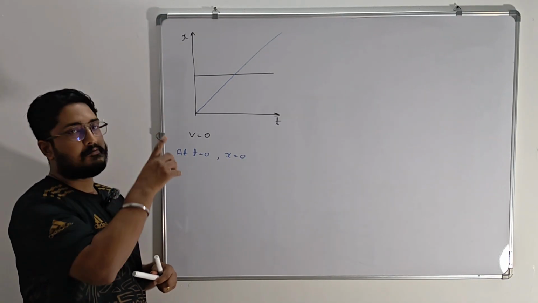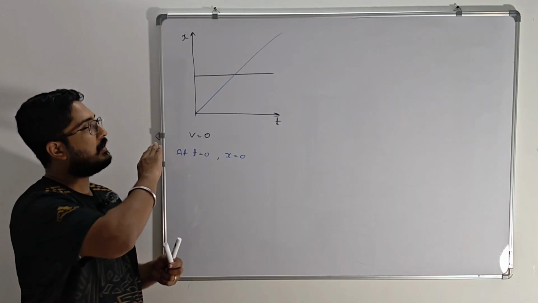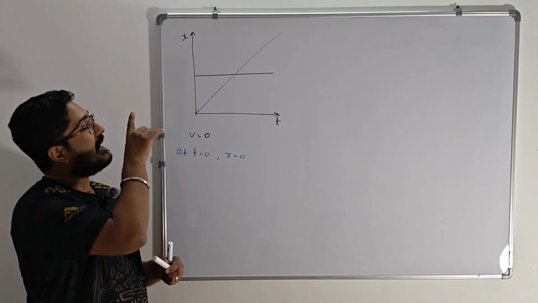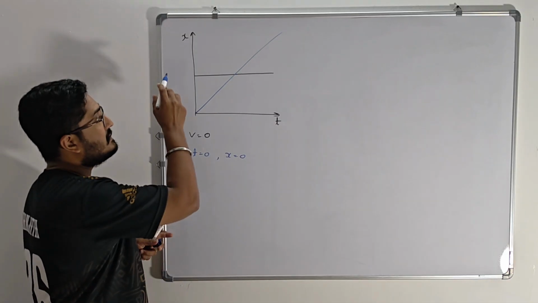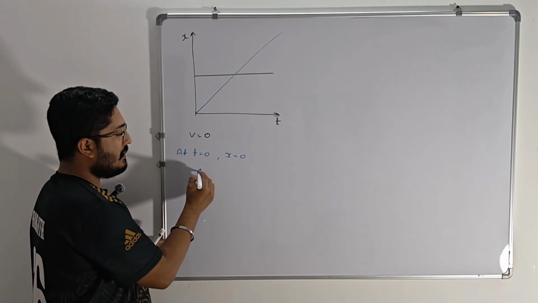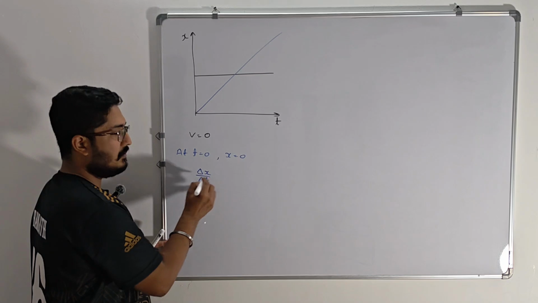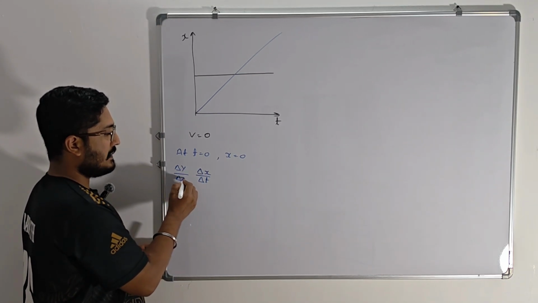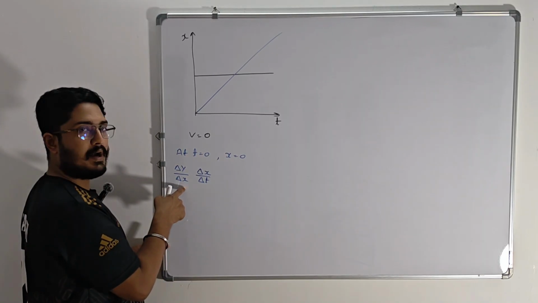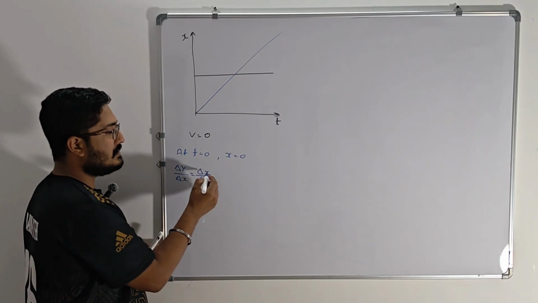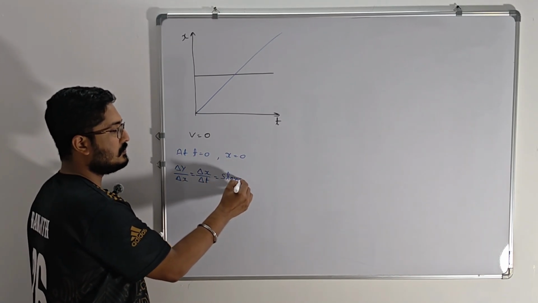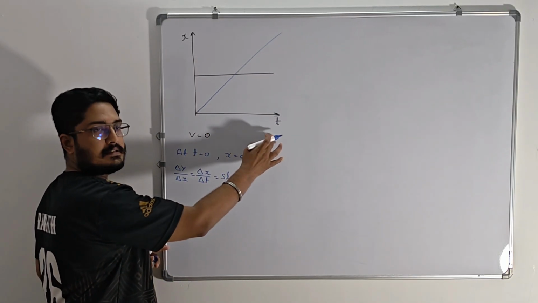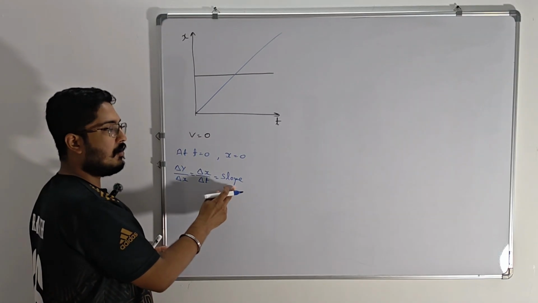If you look at this graph, we can understand one thing: the graph is basically a straight line I have drawn. In the x versus t graph, delta x by delta t, basically the y-axis change by the x-axis change, delta y by delta x, always represents the slope.